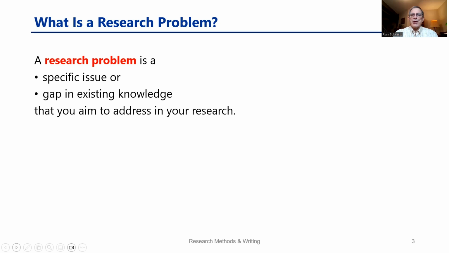Normally we think of a problem as something that prevents us from achieving a goal. That's kind of what the word problem means in everyday language. In research, it has a slightly different meaning. A research problem is a specific issue or a gap in existing knowledge that you aim to address in your research.